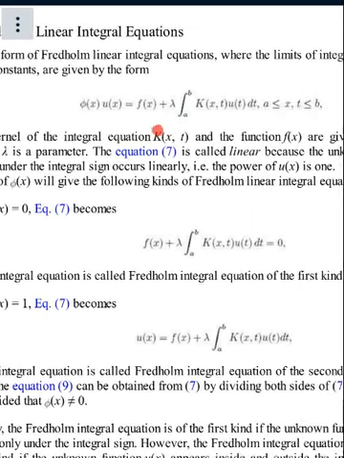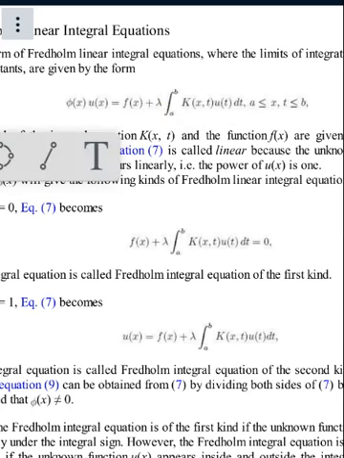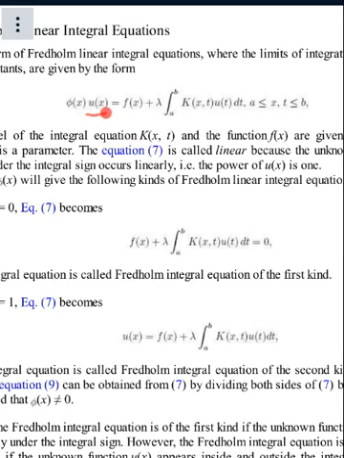So in the general form we have phi of x times u of x equals f of x plus lambda times the integral of k u from a to b, and the linearity can be seen from this linear form and this linear form that we can see outside and inside the integral.